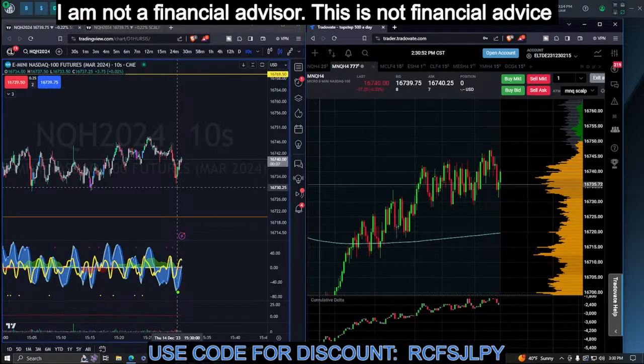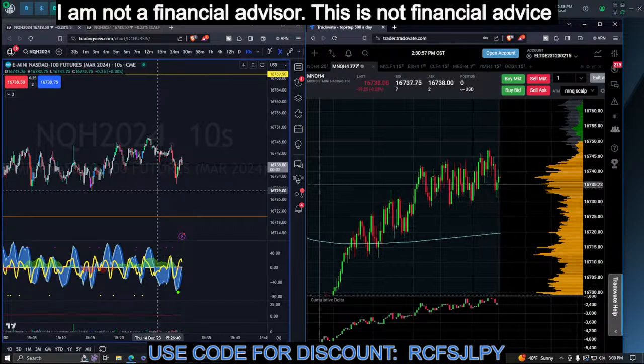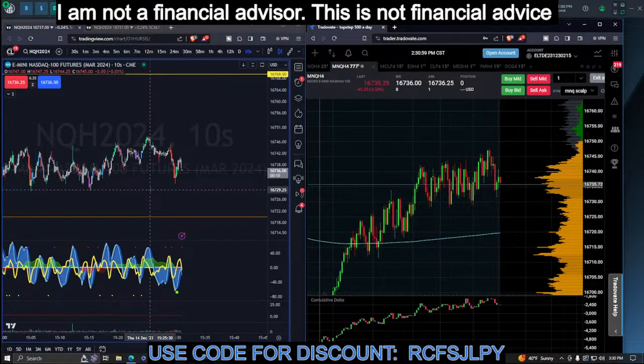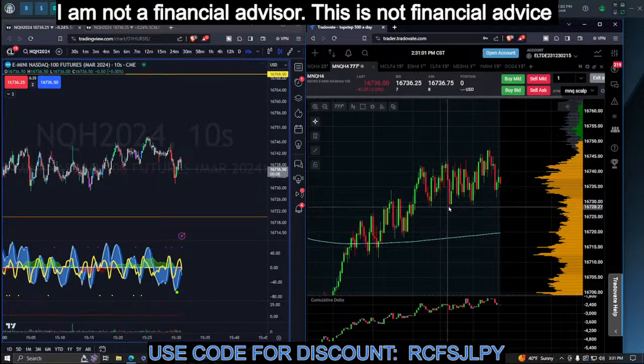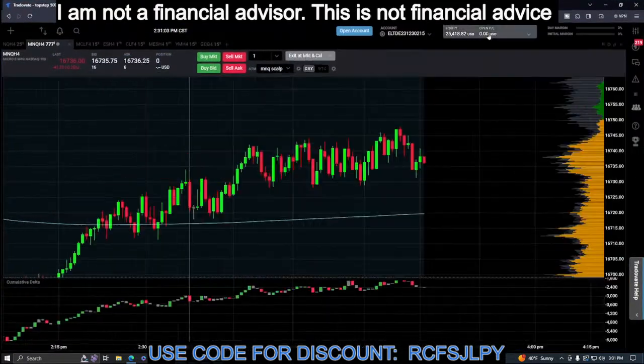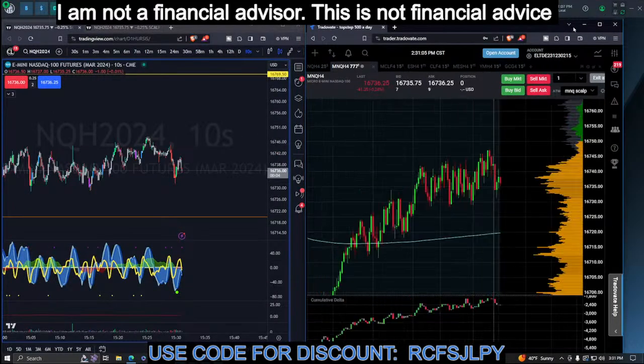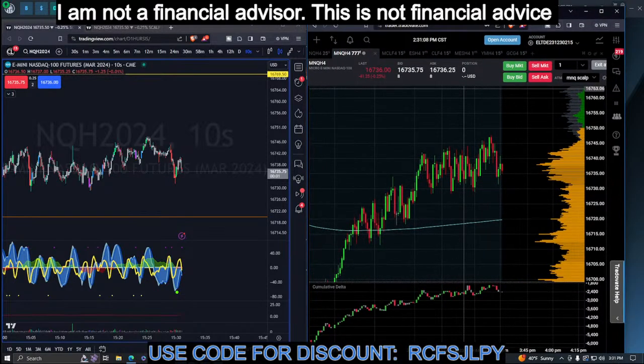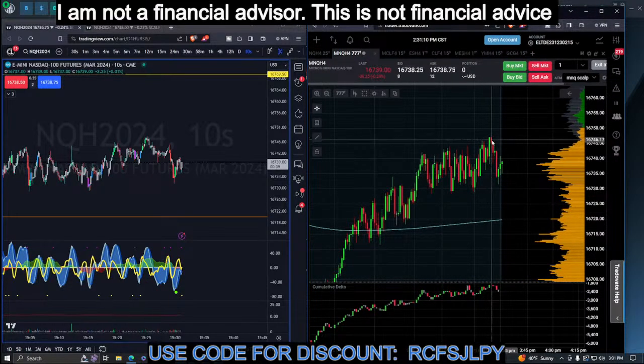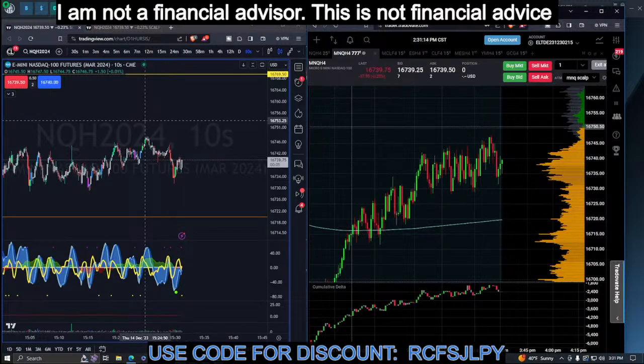Looking at the 777 ticks versus a 10-second chart, seems pretty similar. 25, 30.